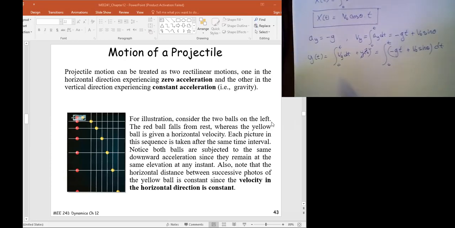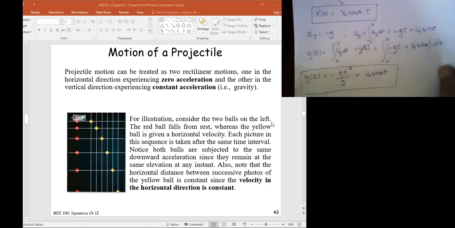Can someone help me out with this? What is y of t? Yes, minus gt squared over 2 plus v0 sin theta times t. And that's it, with y0 equals 0. Okay, very good. So now we actually have that.